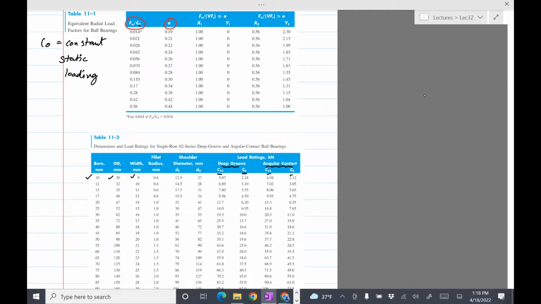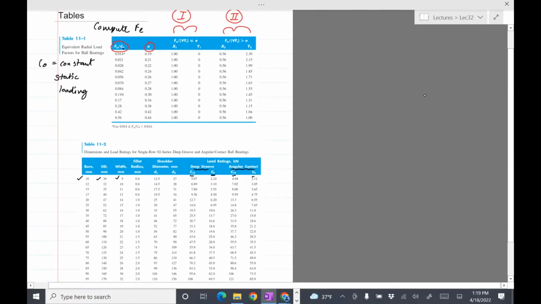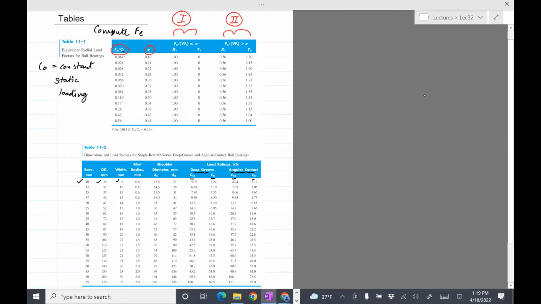Just picked one particular table. So that's it. Let's see how to use this new knowledge on computing equivalent load and solve a problem.